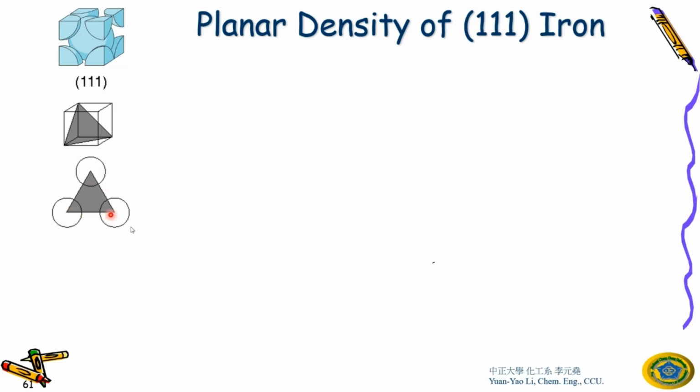So it looks like this. So the question I want to ask you is: is the planar density higher for the (111) or the (100)? Which one is higher in terms of planar density?